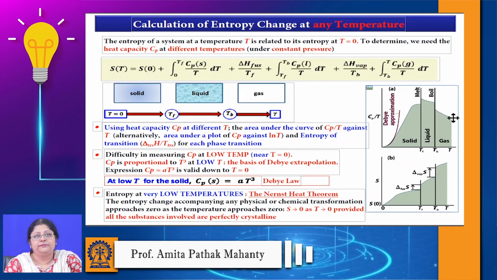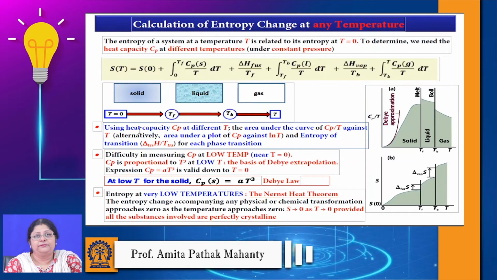And finally, this zone will be from the temperature of boiling to any temperature which is the final temperature at which you are trying to compute. So starting from 0 to the fusion temperature, to the boiling, and boiling to the final temperature, you have two distinct phase changes occurring, and you have to account for that.